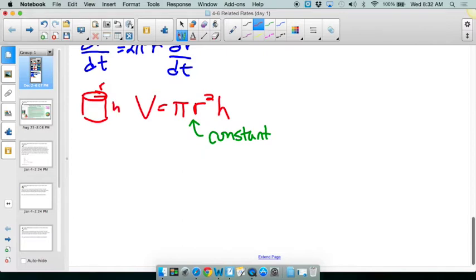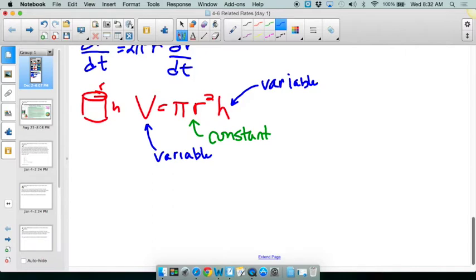But the height does change. So here is our variable, and here is our variable, our changing quantities. So when we do the implicit differentiation here, those are the quantities that are going to have derivatives associated with them. So what's the derivative of V with respect to time? dV/dt, exactly.